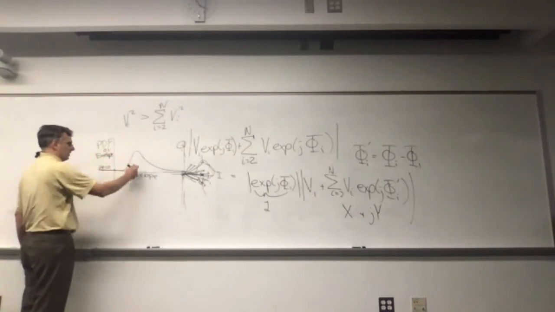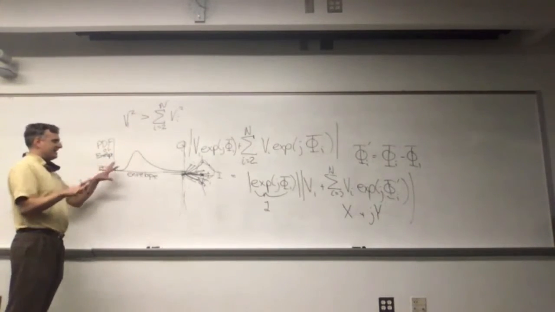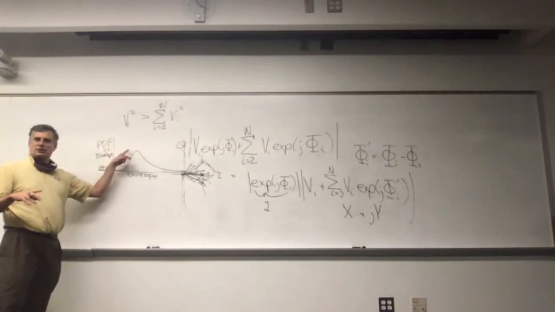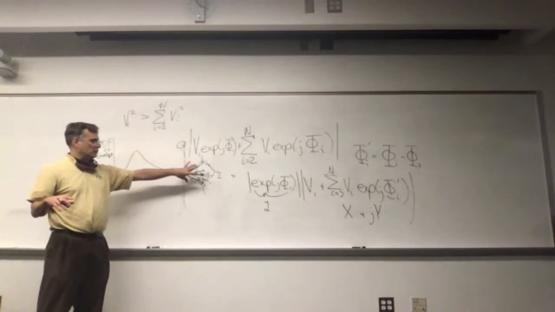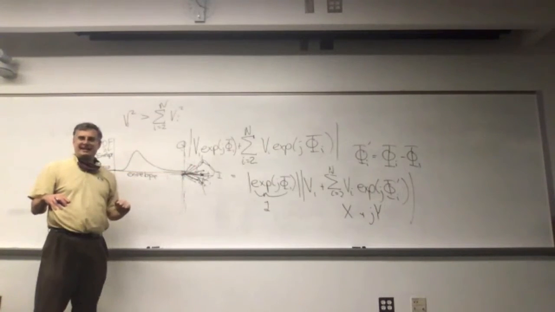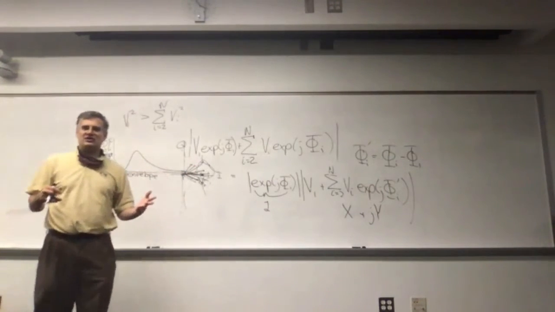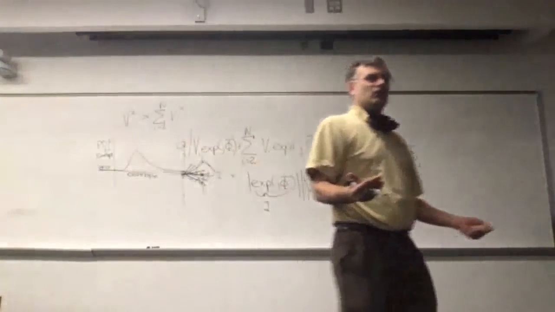I'll peak somewhere in here. But without knowing anything about the mathematical structure of this PDF, do you suspect this fades worse or better than the Rayleigh case? In other words, do you spend more time closer to 0 in those really deep fades, or do you spend less time than the Rayleigh case?